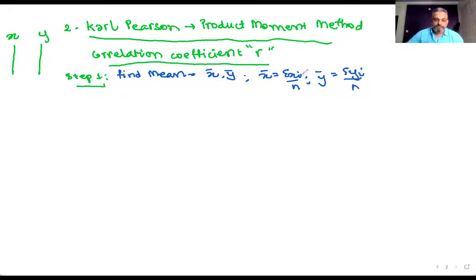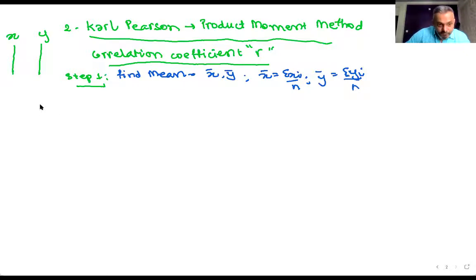So here we find the mean x bar, we find y bar, and then we go for various formulas. Now in this chapter, finding the mean is very important because the values of mean and the values of x and y will help us decide which formula we have to use.